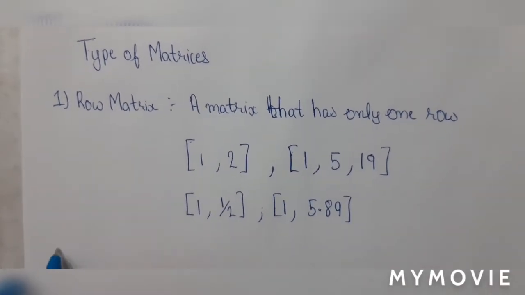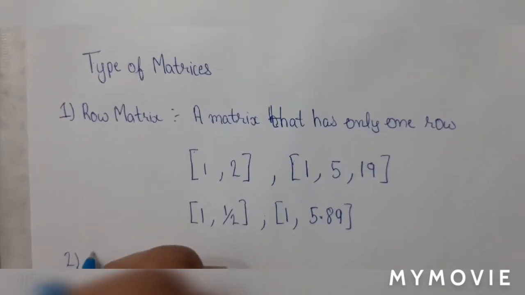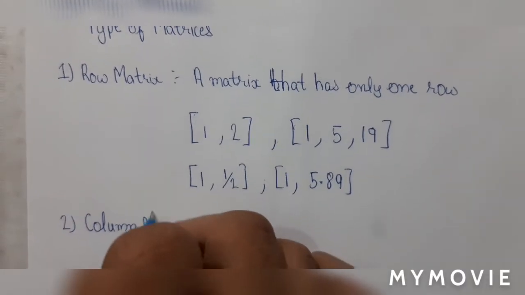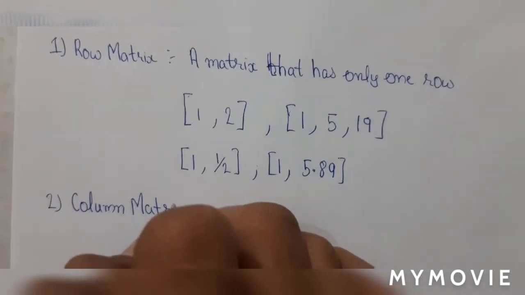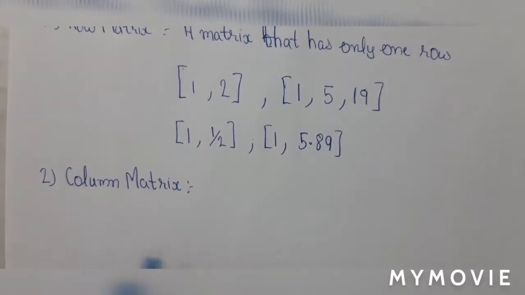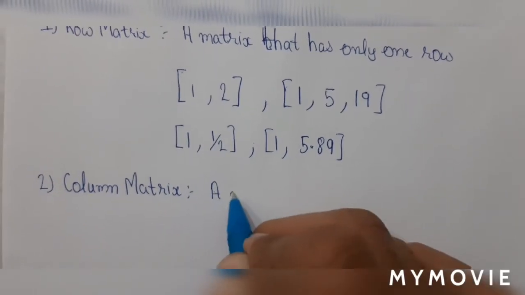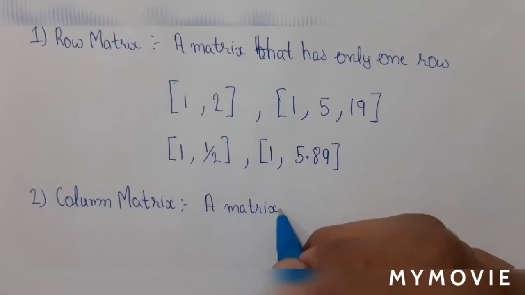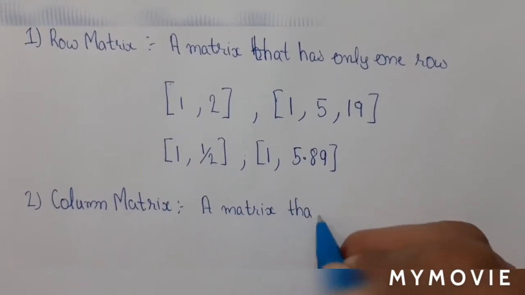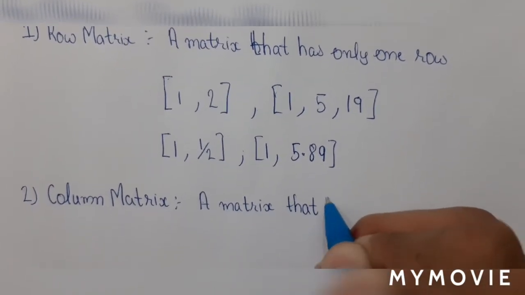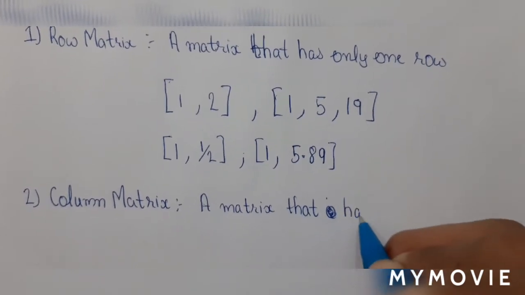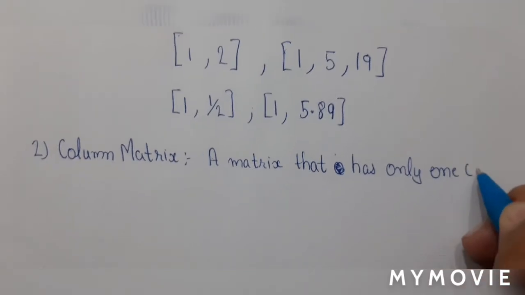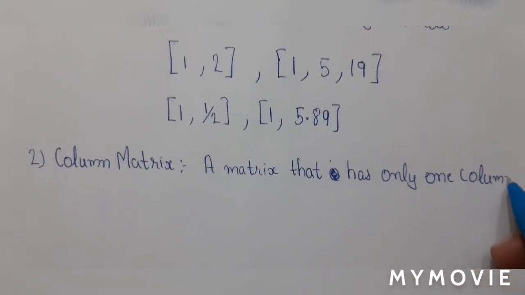So the second type is the column matrix. In a column matrix there is only one column, a matrix that has only one column.